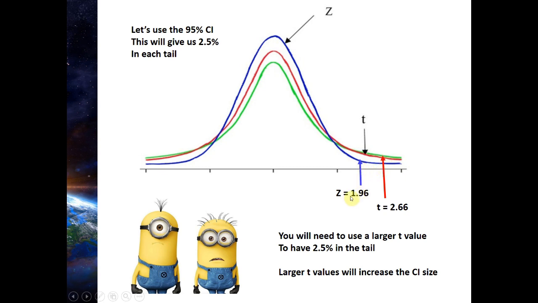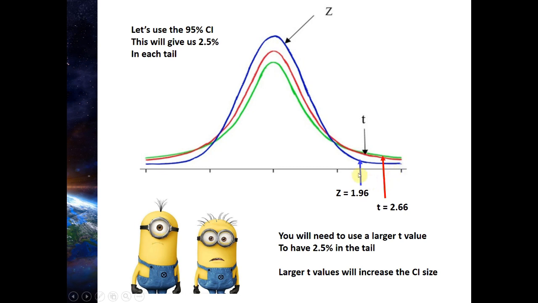So if we use T of 1.96, we would not be using the 95% confidence interval, because to use the 95% confidence interval, we have to have 2.5% in the tails. So instead of using 1.96 as our t-value, we're going to have to move over until we get to a t-value where anything beyond that is 2.5%.